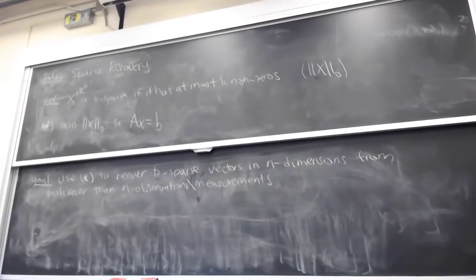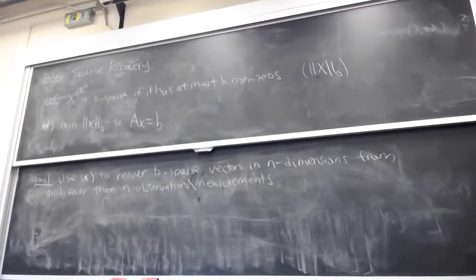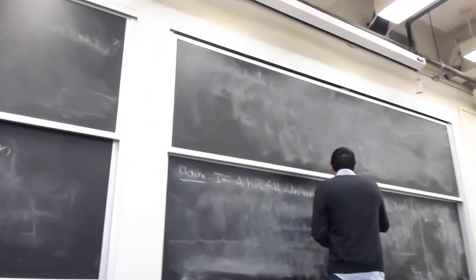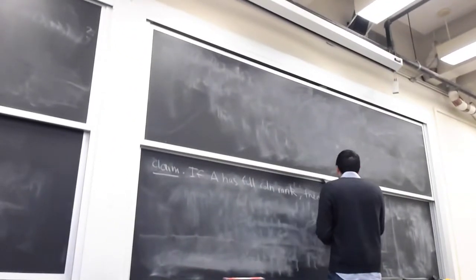So the first simple claim: if A has full column rank, then star can be solved in polynomial time.